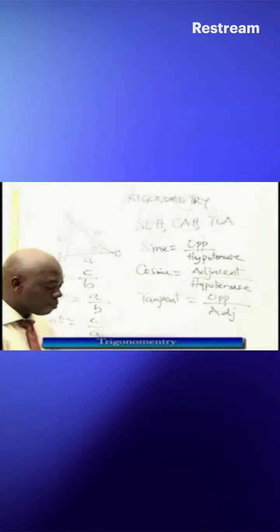So what I'm going to do is to draw the table for you of 30, 45, and 60. You need to master them. You need to memorize them. When you memorize them, it will become handy for you anytime you are faced with questions of this format.